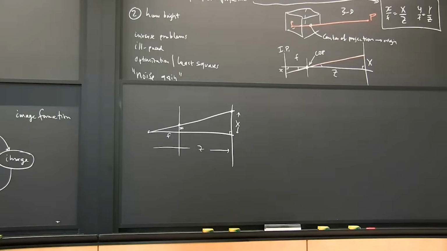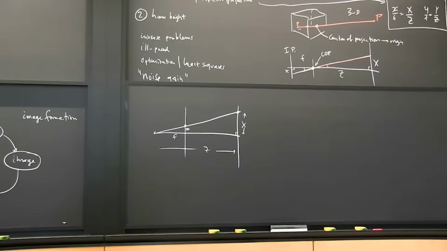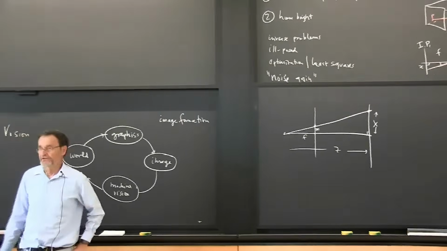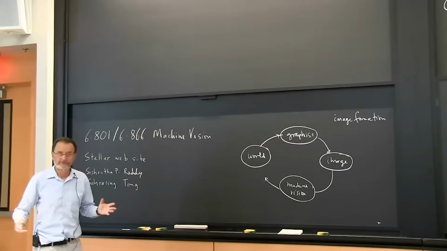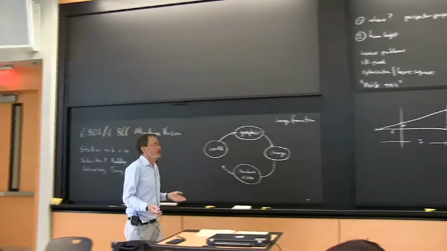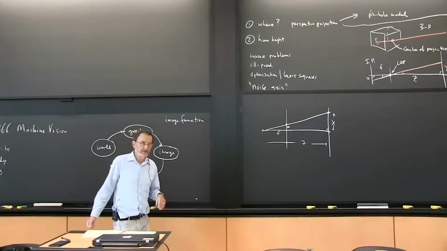Now that sounds kind of straightforward and somewhat boring, but it has a number of implications. The first one is it's nonlinear. We know that if things are linear, our math becomes easier. But here we're dividing by z.